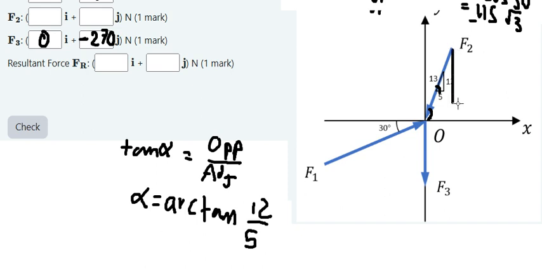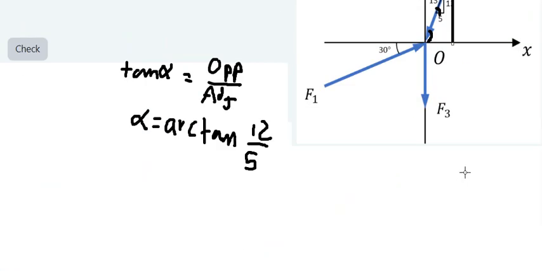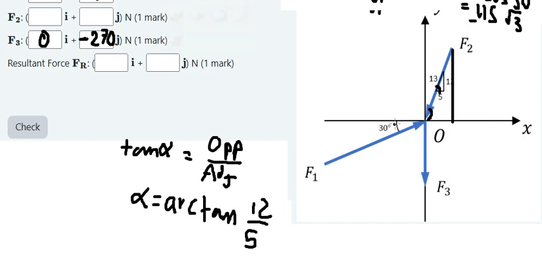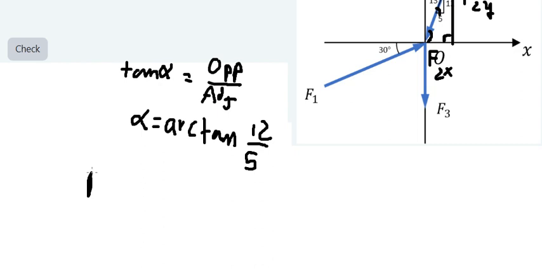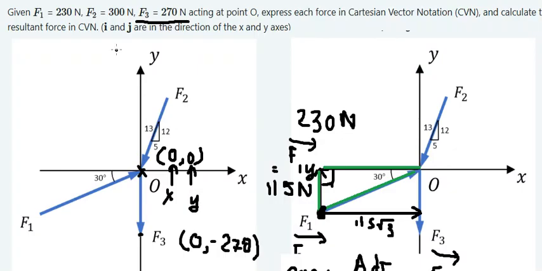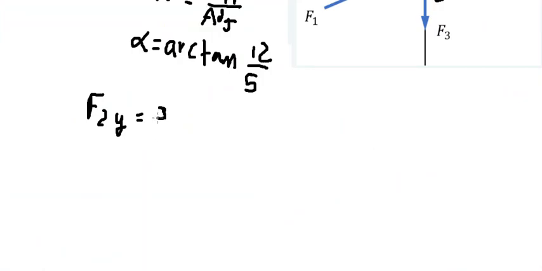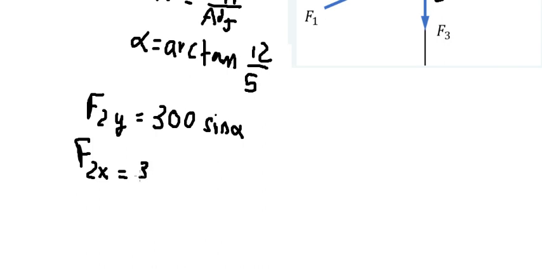Now we apply similar for this one in here. So this is about F2y and F2x. So about F2y, we have 300 multiplied by sine of alpha in here. Alpha that is this one, and F2x, 300 with cosine alpha.